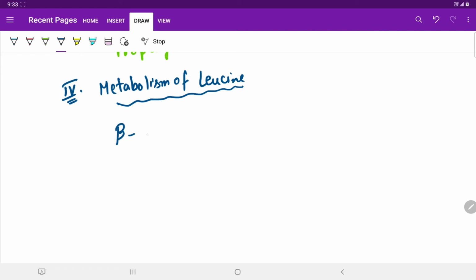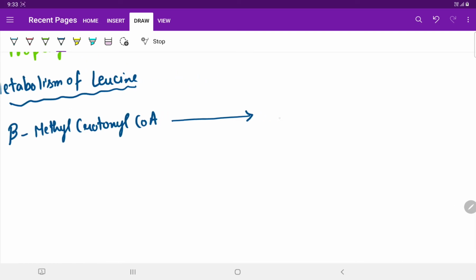A compound known as beta methyl crotonyl coenzyme A is changed into beta methyl glutaconyl coenzyme A in the presence of carboxylase enzyme, and this is also a biotin dependent reaction.